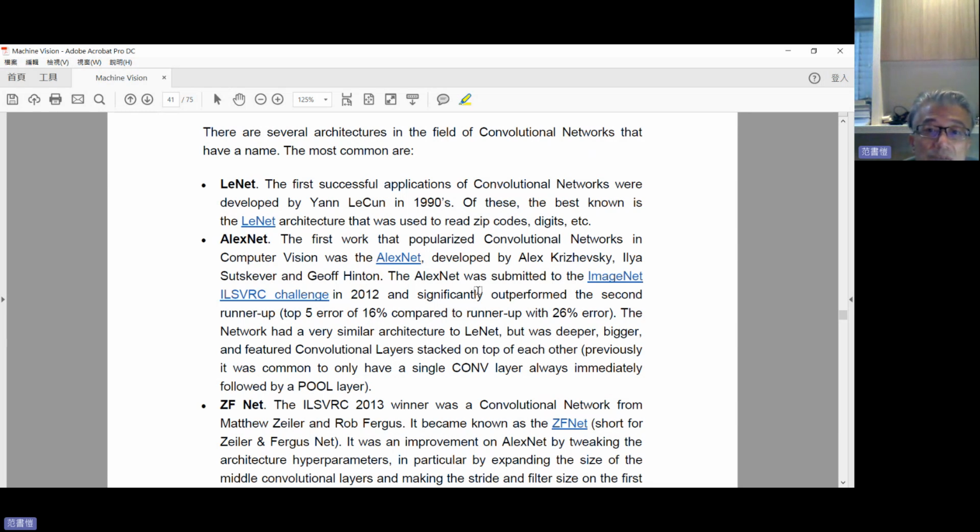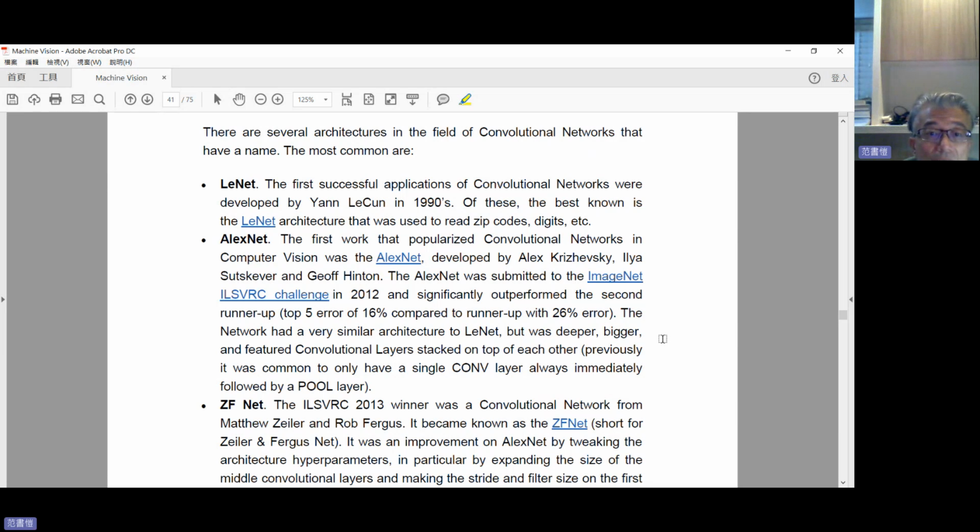AlexNet was submitted to the ImageNet ILSVRC challenge in 2012 and significantly outperformed the second runner-up, with a top 5 error of 16% compared to the runner-up's 26%.